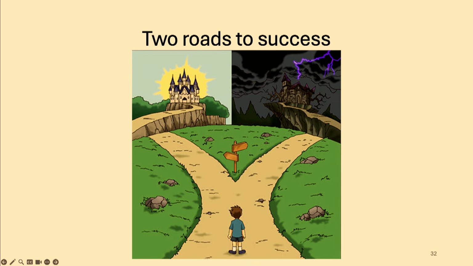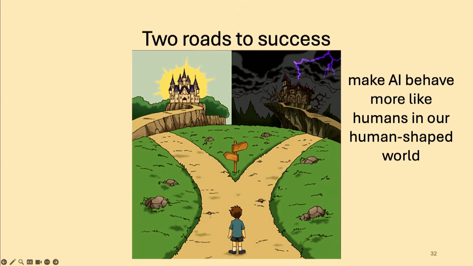One, which I argue leads to perdition, is trying to make AI behave more like humans in our current human-shaped world. This just doesn't work, again, because maybe your AI is much faster than humans. Maybe your AI doesn't make typos. Maybe your AI just solves things in a different way. And so we can't really do that.